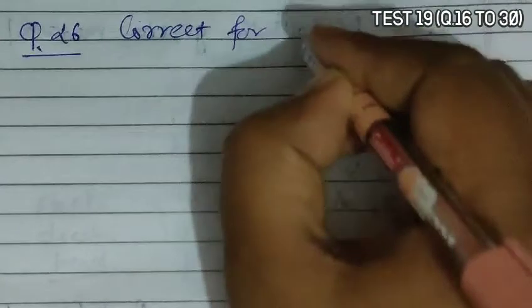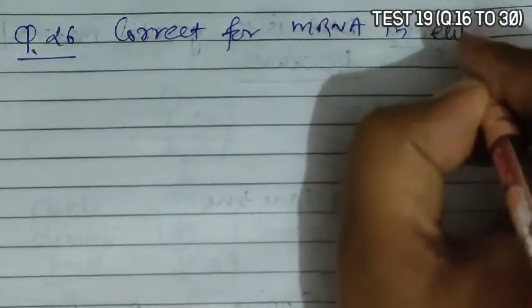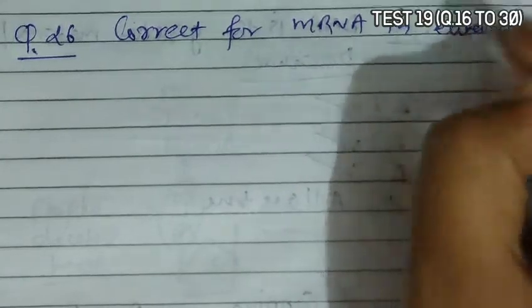Question 26 asks which of the following is correct for mRNA in eukaryotes.